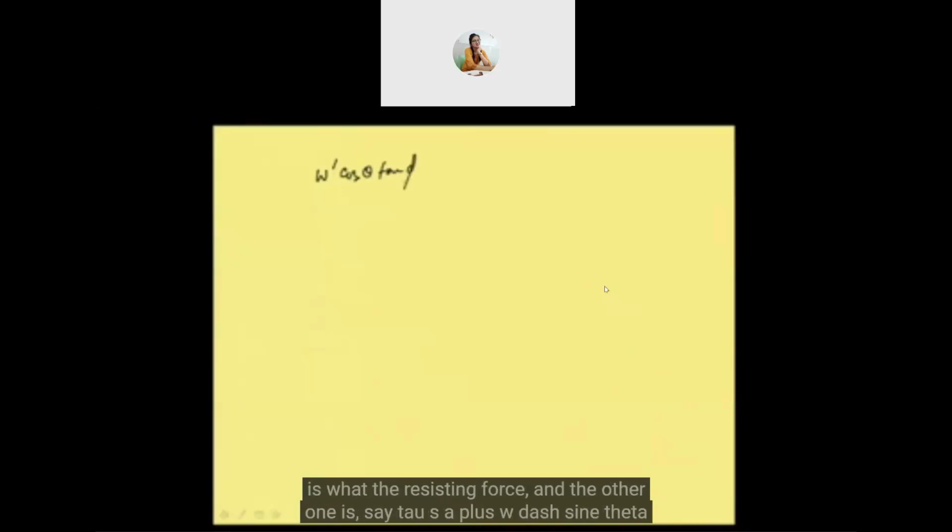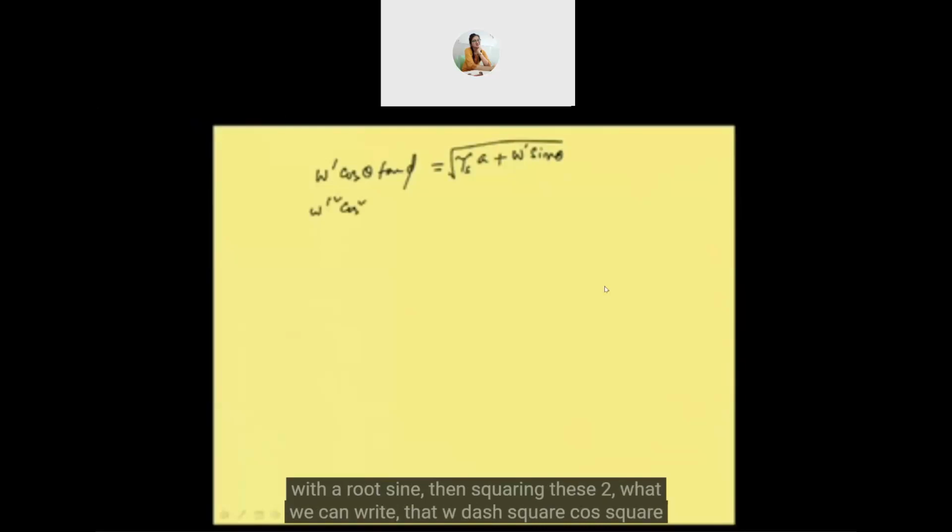This is the resisting force, and the other one is the root of tau s a plus W dash sine theta, with a root sign. Then squaring these two, we can write that W dash square cos square theta tan square phi is equal to tau s a.